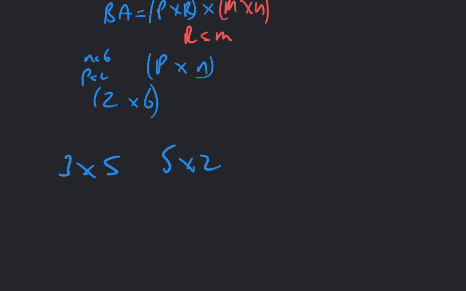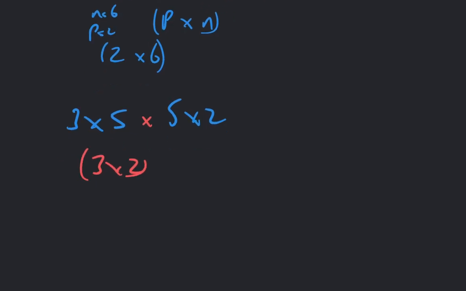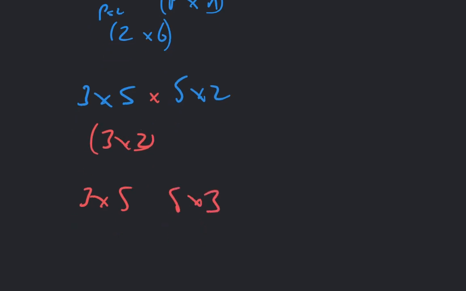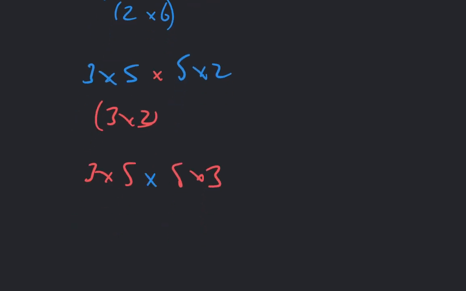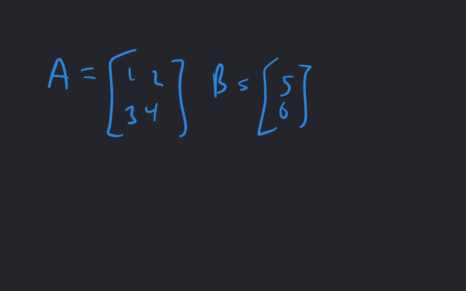We have to do 3 by 5 by 5 by 2, and that gives us a 3 by 2. If now we have a 3 by 5 and a 5 by 3, now we get a square matrix, 3 by 3.